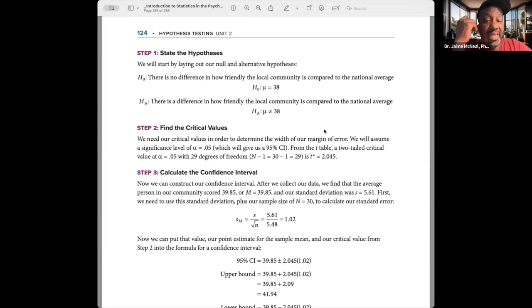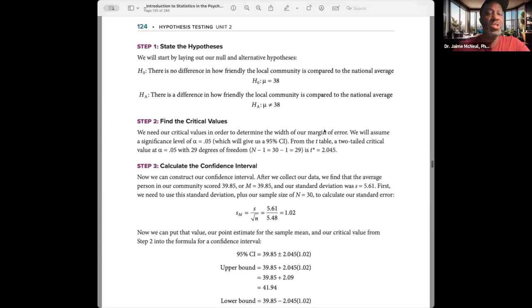And so we go to the t-table to find a two-tail critical value because this test actually is a two-tail. So most of our tests so far have been a one-tail in the t-test. But when we got to the confidence interval, we had to select a critical value for a two-tail test. But here, our test actually is a two-tail.